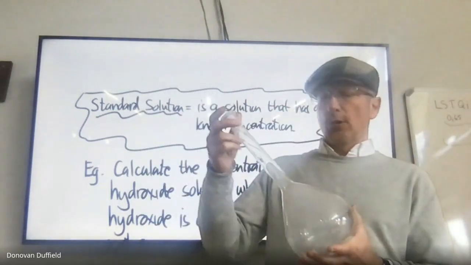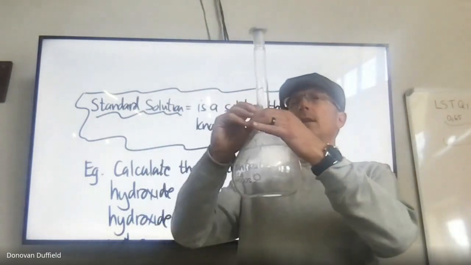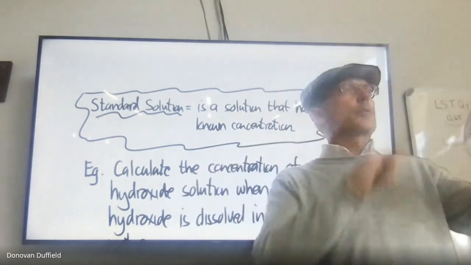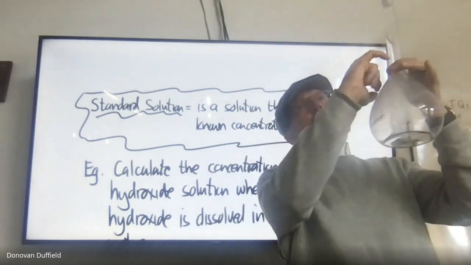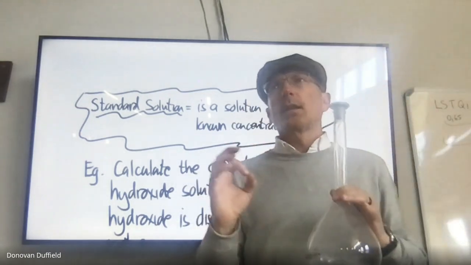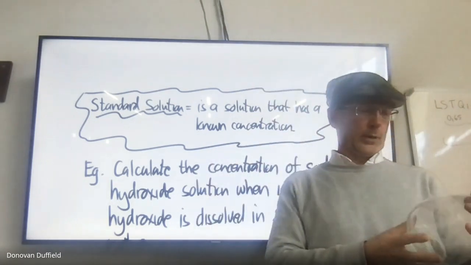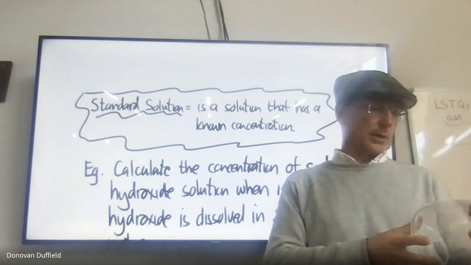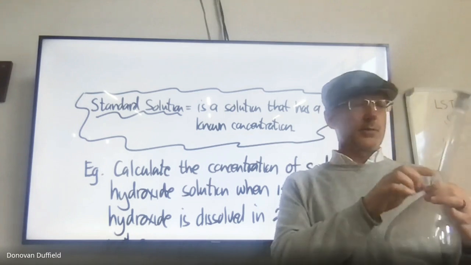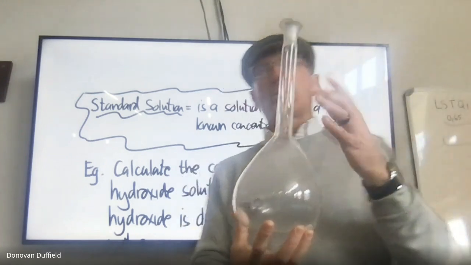There's a line here, and if the bottom of the meniscus is on this line, then you know you've got exactly 2 liters, give or take. It's at 20 degrees Celsius because everything expands and contracts.